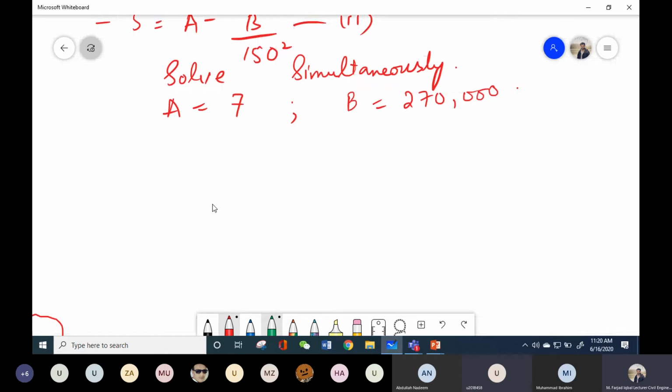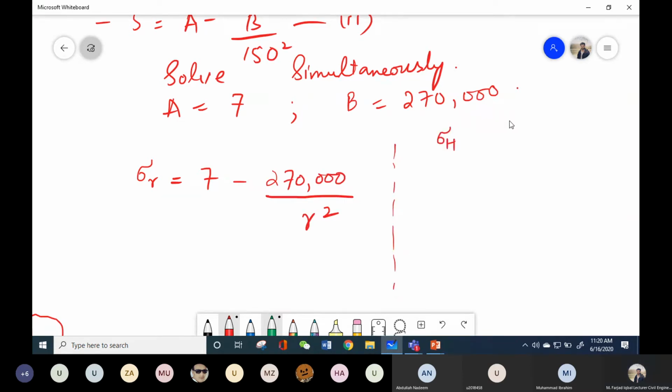So if I substitute these values back into the equation of radial stresses, can you please turn off your mic? I will get sigma r is equal to 7 minus 270,000 over r square. And similarly, the equation for hoop stresses was A plus B over r square.